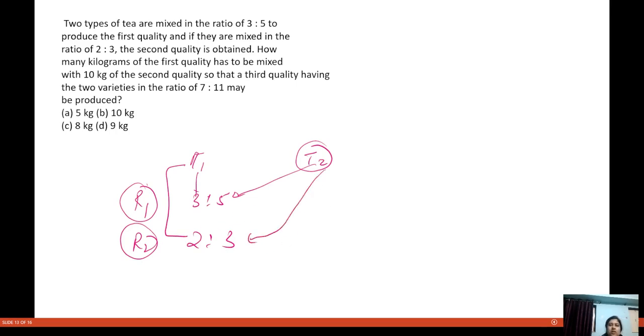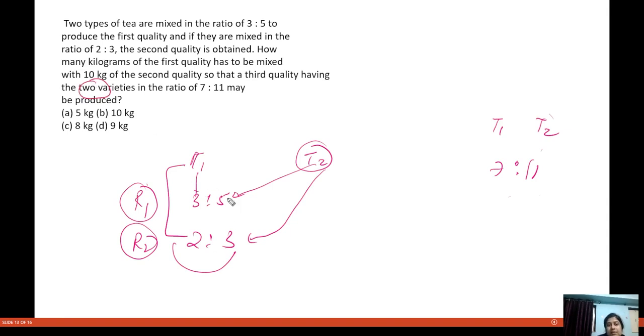Now how many kilograms of the first quality has to be mixed with 10 kg of the second quality so that our third quality having two varieties in the ratio 7 is to 11 may be produced? We want to mix these and have a ratio of 7 is to 11 of T1 and T2.